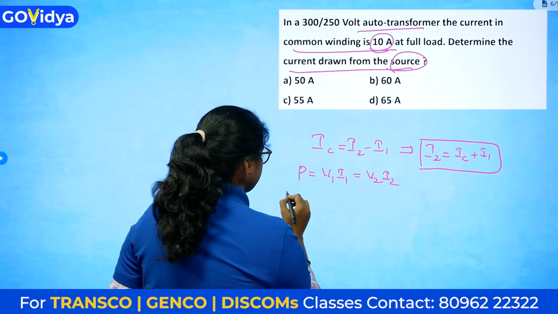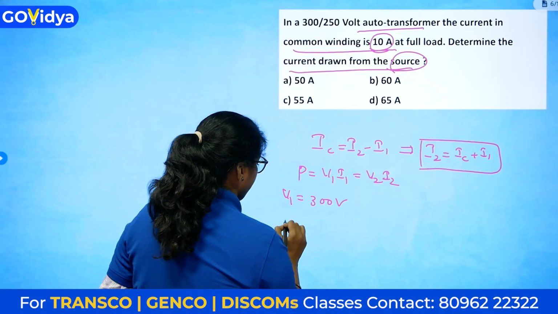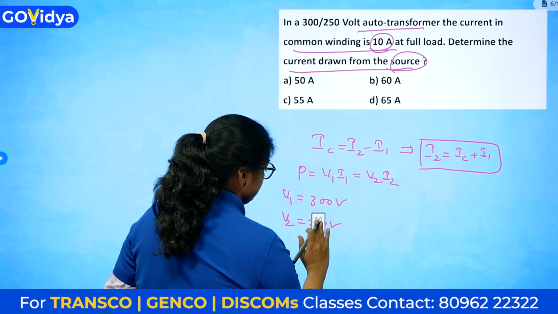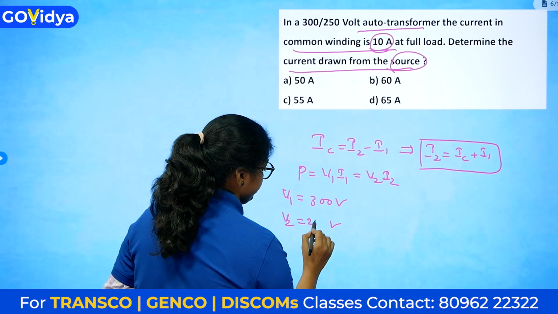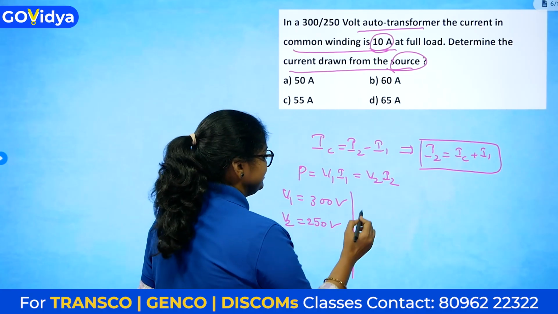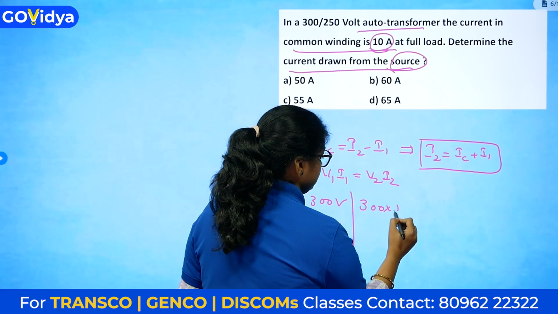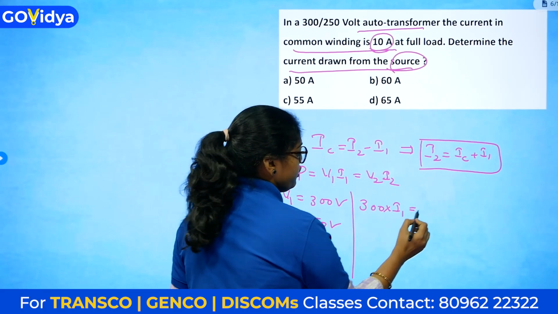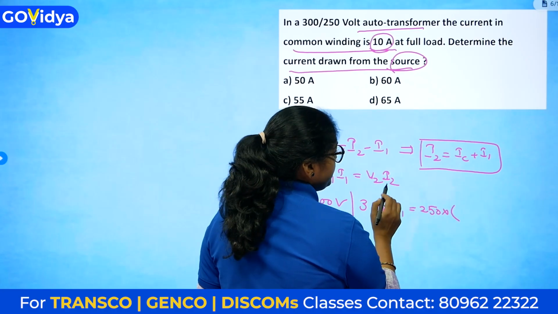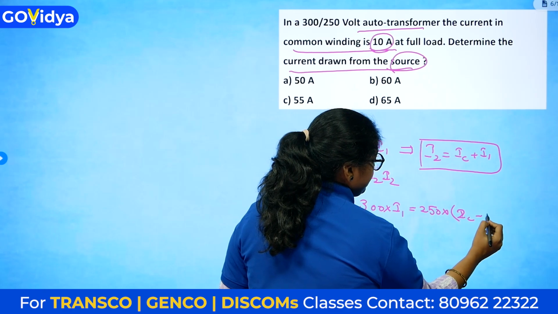So in the question, what is the V1 value? 300 volts. V2 is 250 volts. Clear? We will substitute these values here. 300 into I1 is equal to V2, 250, into I2, which is nothing but IC plus I1.